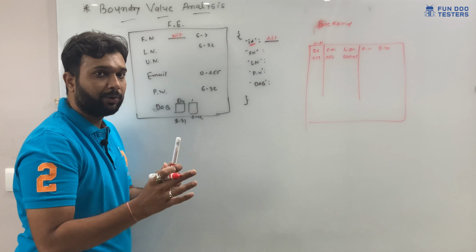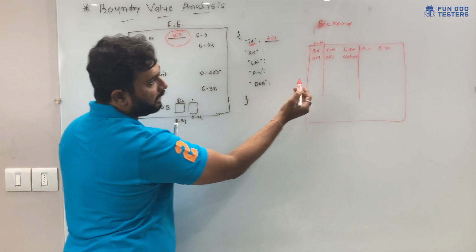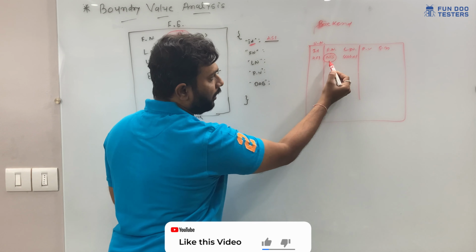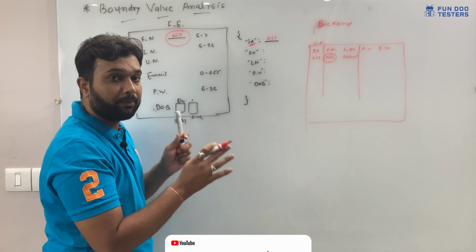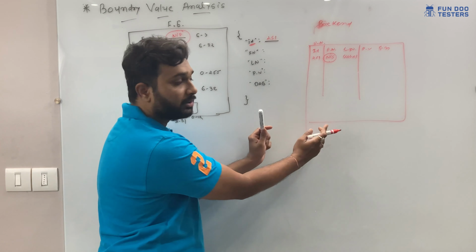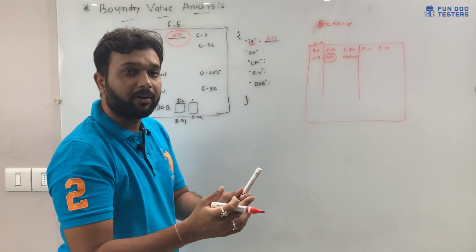Now we have to understand one thing: whatever data we are passing from here will get stored in the back end. Now we have to test boundaries from the front end side as well as the back end side. Let's consider most of the cases where we are getting the bugs.